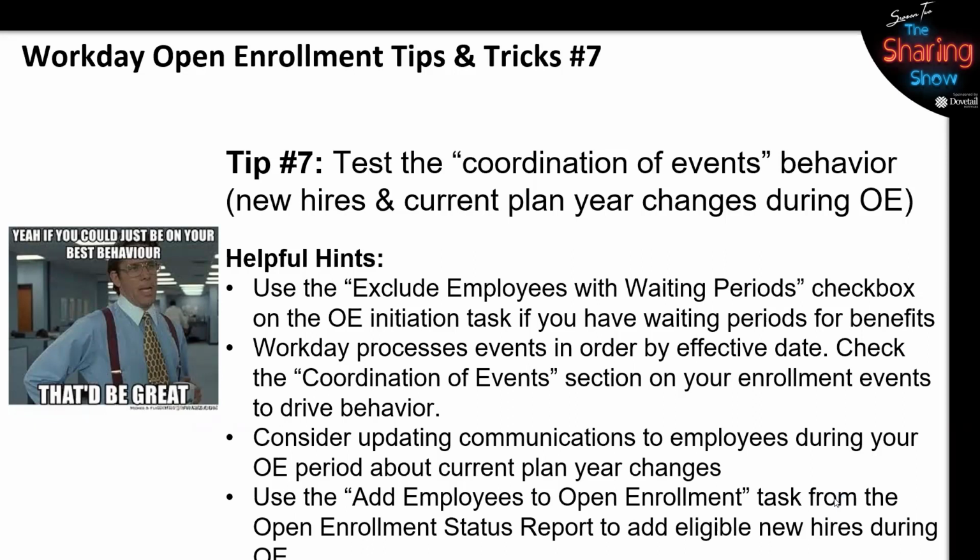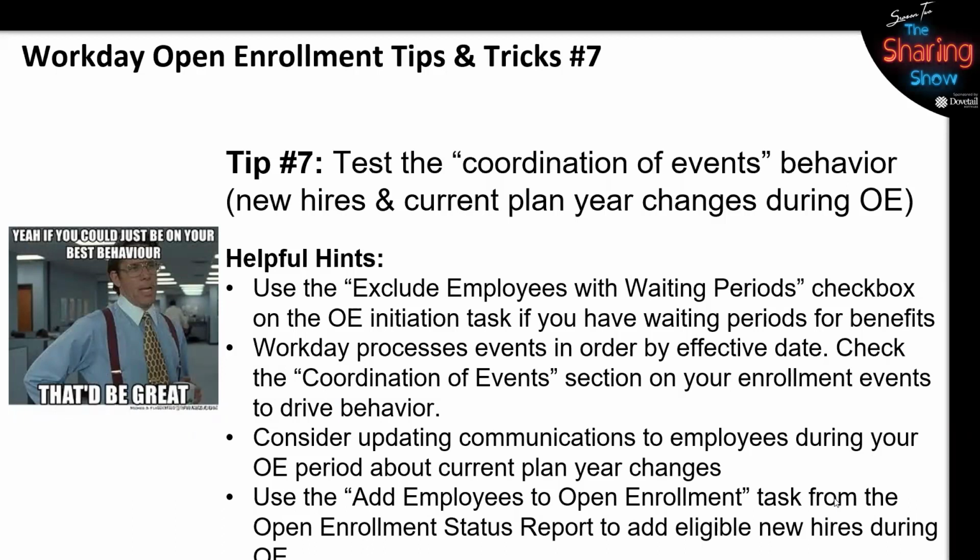Like I said, Workday processes events in order by effective date, so you want to check the coordination of events section on your enrollment events to drive that behavior. You may also want to consider updating communications to employees during open enrollment about current plan year changes, just a reminder of how that will work.